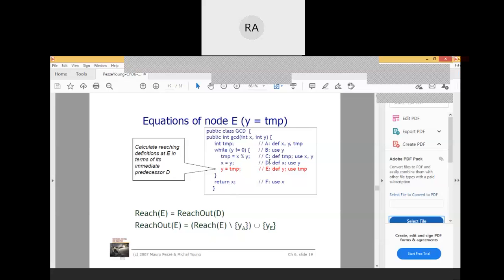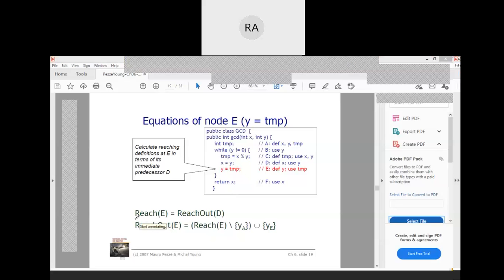I have to use the data flow algorithm. I am computing the reaching definition with respect to E, so write reach E. In order to reach E, I have to reach out D. Then reach out E is going to be reach E, whatever you are getting, divided by the killing of YE.